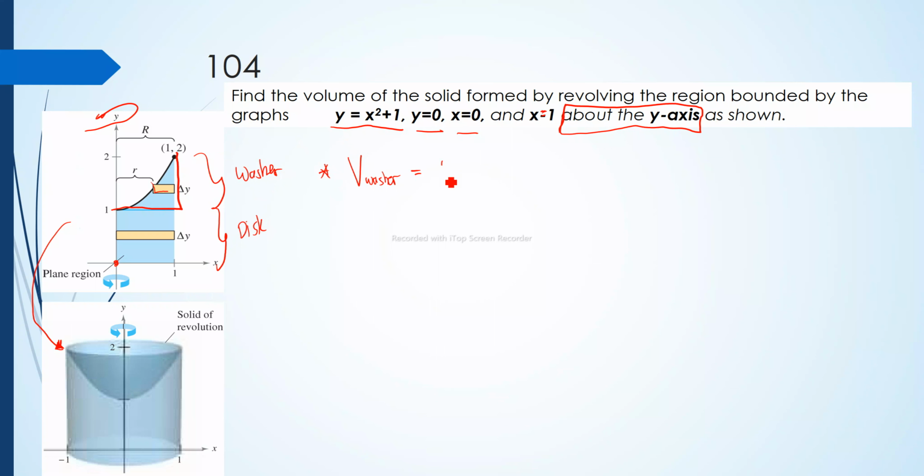That is just equal to pi times the integral of the outer radius minus the inner radius, squared, dx from a to b. The radius is along the x.